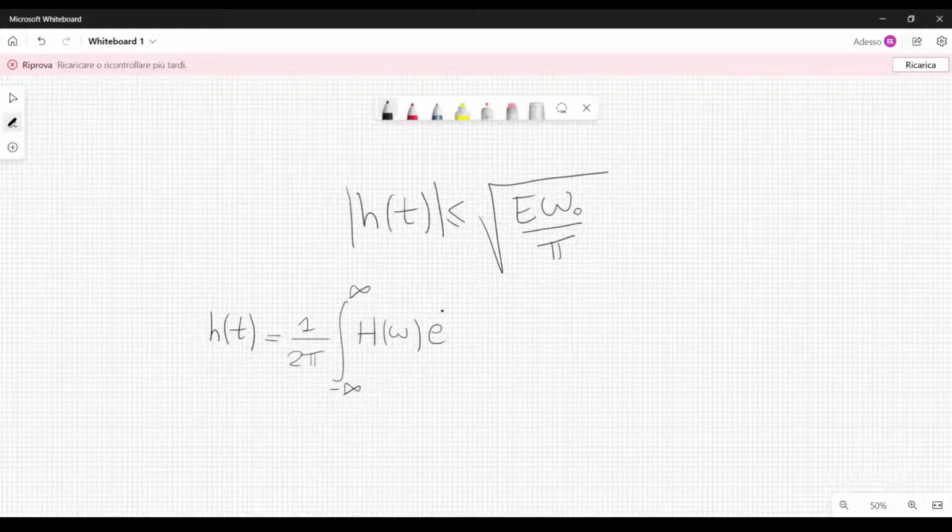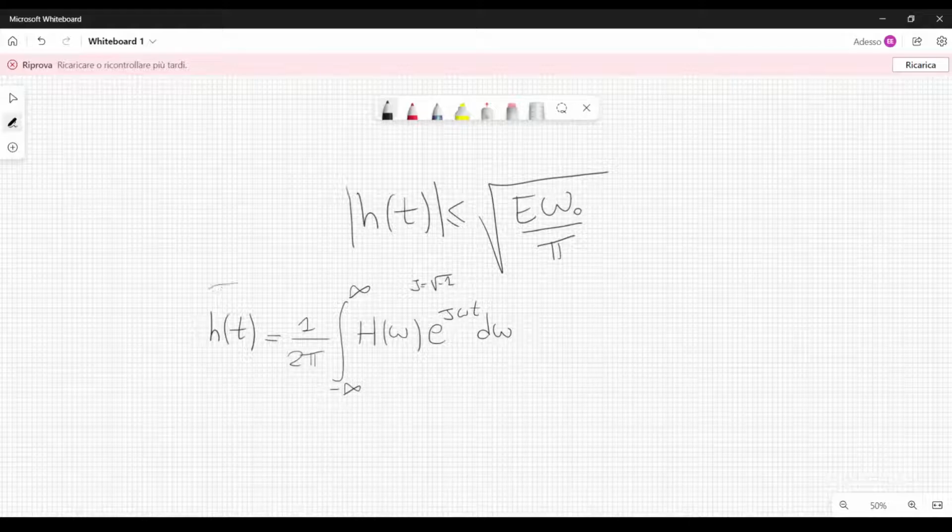And then here we have e to the j omega t. I'm using j for the complex unit, the square root of minus 1, j equal to the square root of minus 1. And then we have e to the j omega t d omega, like this.